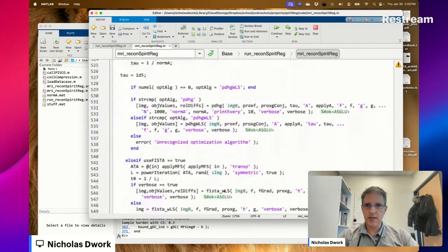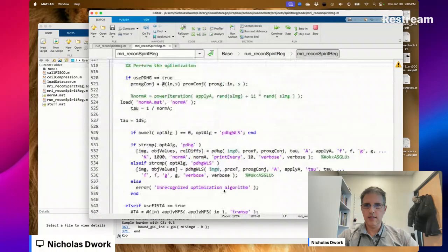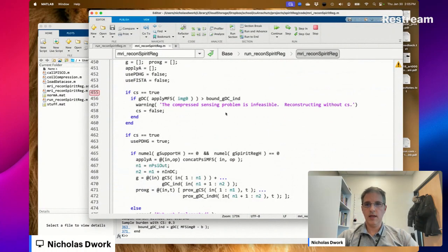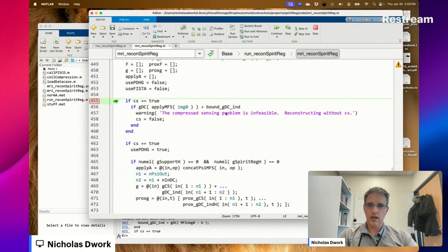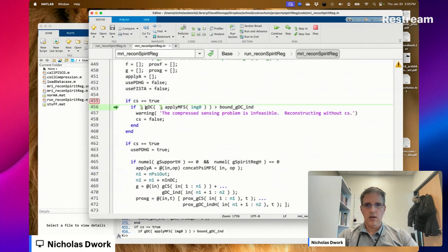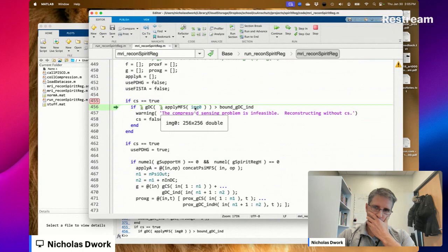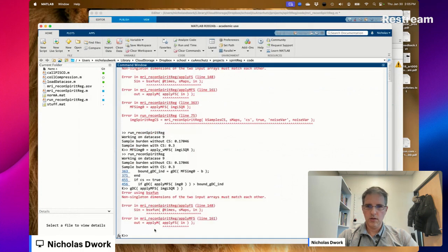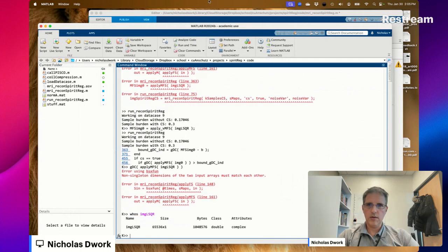So now let's come on down to compressed sensing. Is the problem still infeasible? I'll bet you it's not. This value. For this, we also need LSQR. Okay.